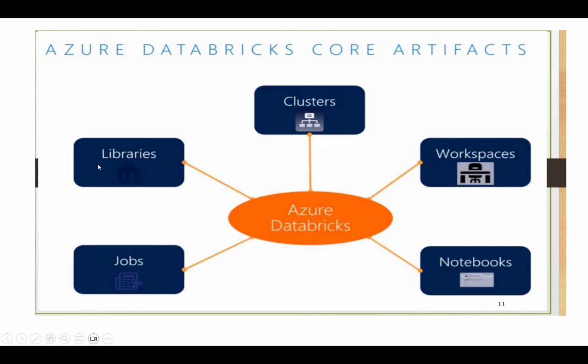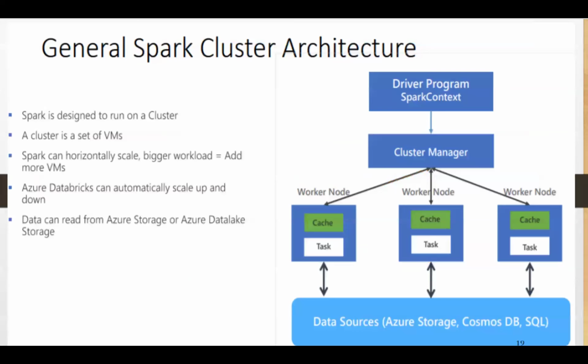Then we will find external libraries, upload them into Databricks, and refer to these libraries in order to work with certain commands. Only then will we be required to use the library, otherwise we don't require it.